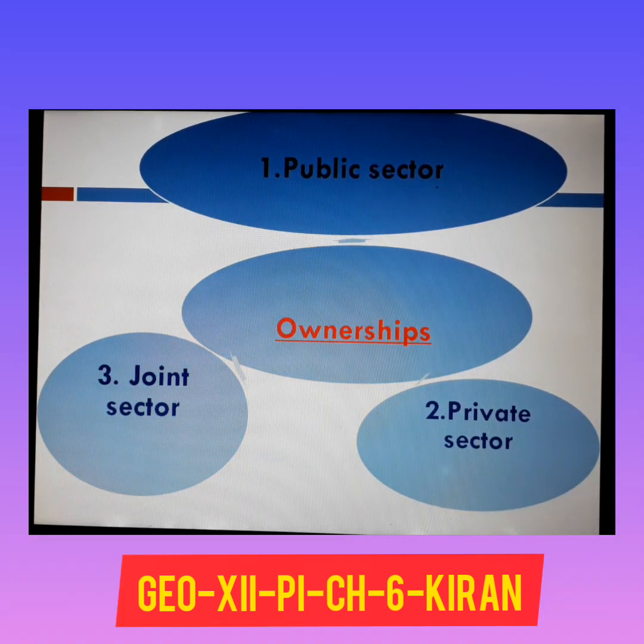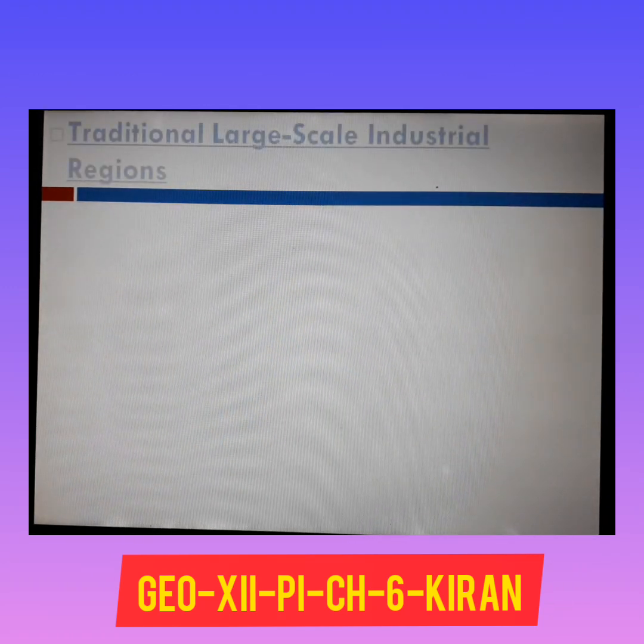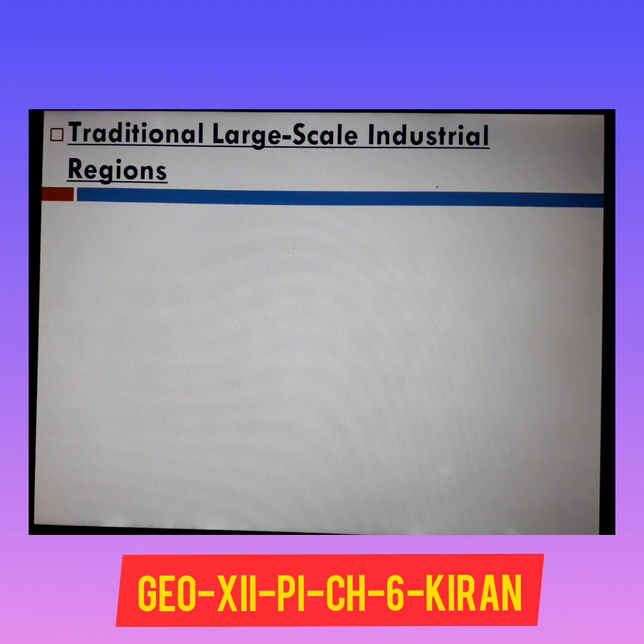In the next part, we will understand something about traditional large-scale industrial regions. These regions were found during the 20th century, earlier and later part of the 20th century. These were found in Europe and North American geographical areas. These were having different characteristics and some of them we will understand here.